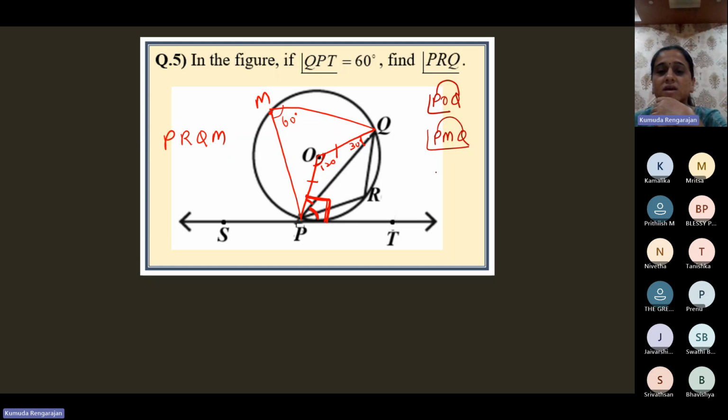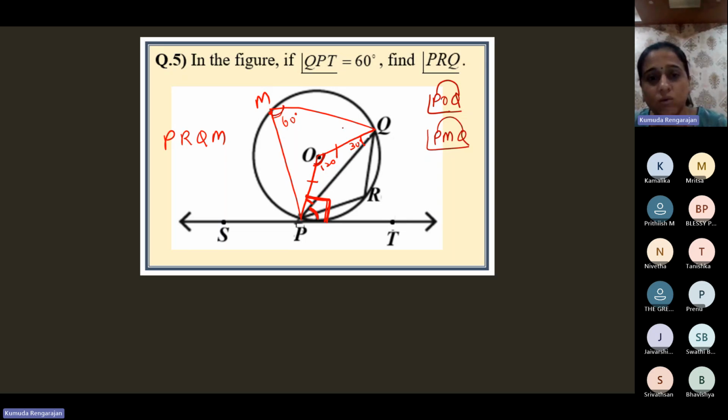Angle POQ is the angle subtended by arc PQ at the center O. The same arc PQ makes an angle PMQ on the circumference at the point M. So if this is 120, this is half of it, 60 degrees.